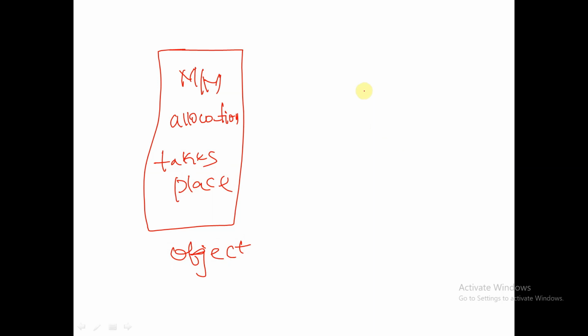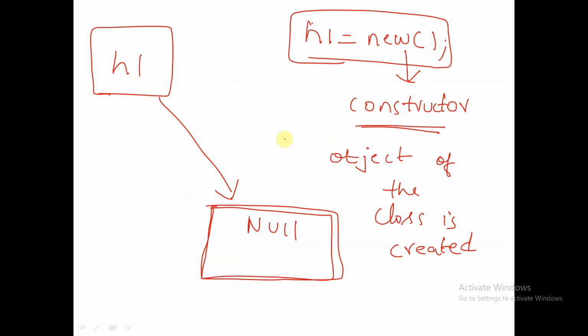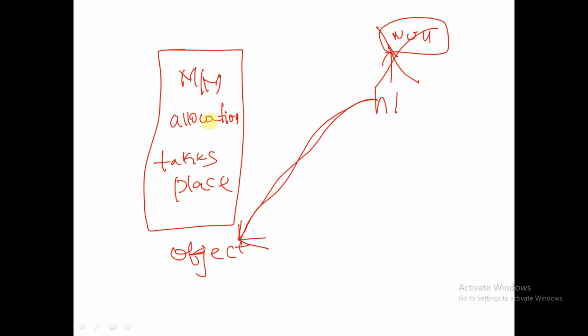So the handle which we have created previously will point to this object, instead of pointing to null. All the variables which we have created will store the values into this memory which is being created.